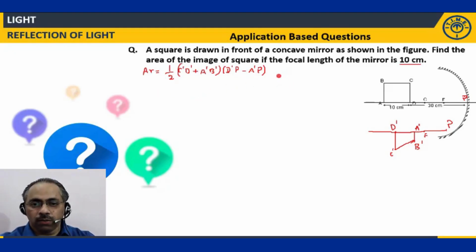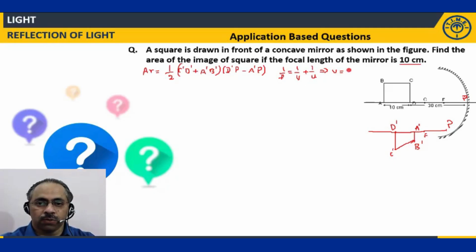Okay, so now I know the mirror formula, 1 by F is equal to 1 by V plus 1 by U. From this, I'm going to get V is equal to UF divided by U minus F.